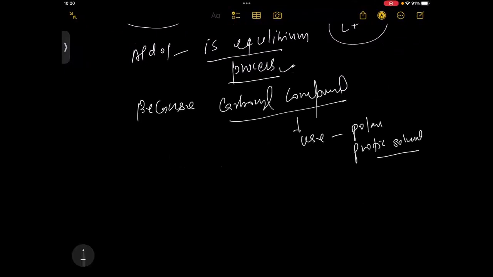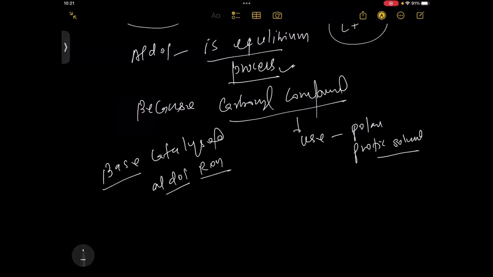Now the next point, students: in the aldol reaction, we are going with the base catalyzed aldol reaction.